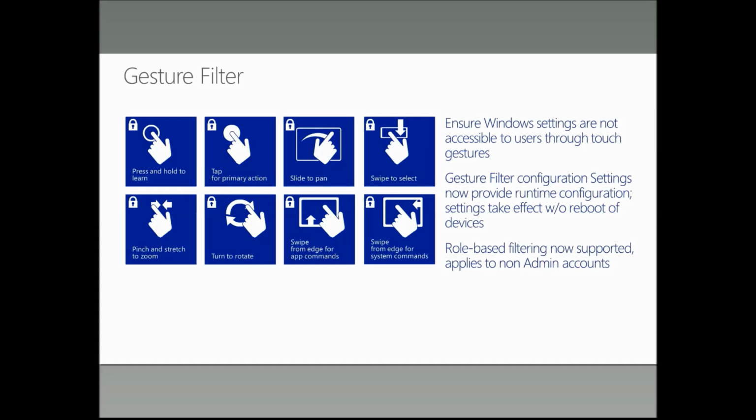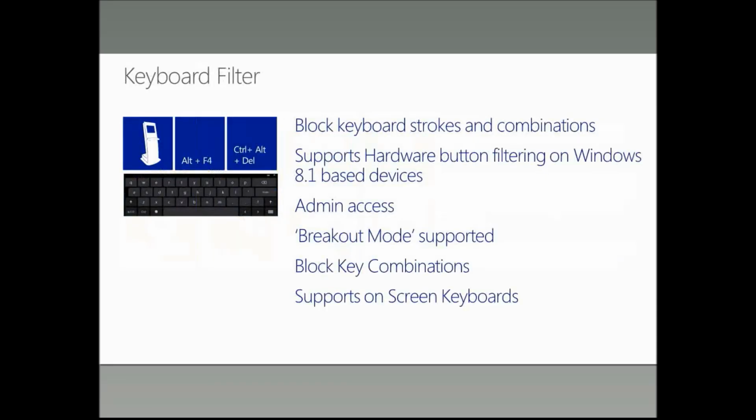Similarly, the keyboard is still there. The keyboard is an integrated part of many devices, not only a physical keyboard, but also an on-screen keyboard. The problem with the keyboard is that it is a surface of attack to access features in the operating system that you may want to hide. Alt F4 to close the application, Control Alt Delete to access the task manager, for example, Windows E, Windows T, the Windows key itself.